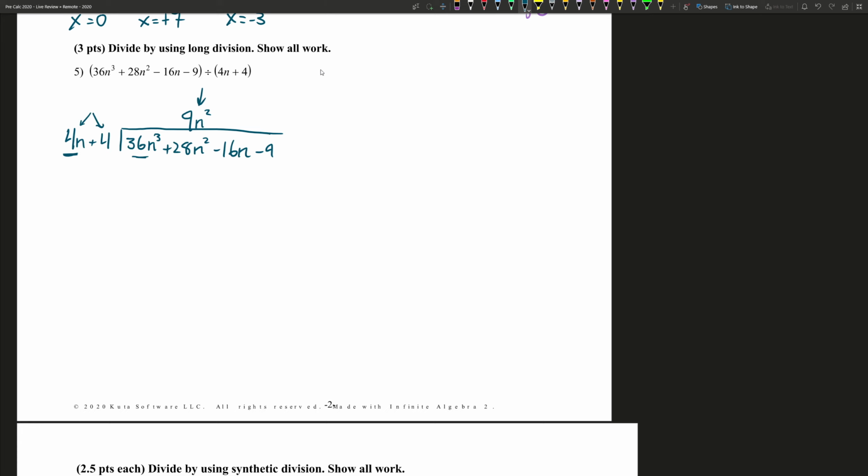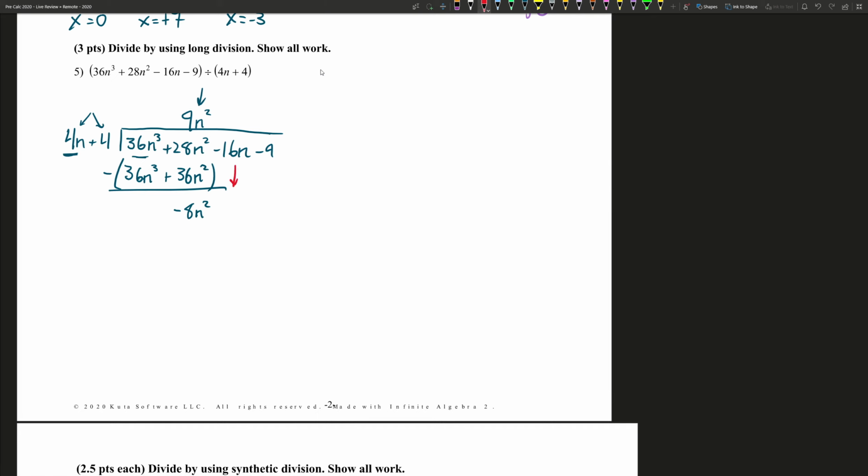And when we do that, we get 36n cubed plus 36n squared. And then we're subtracting that, just like we would normally do in long division. Okay, and when we subtract, we are left with -8n squared.